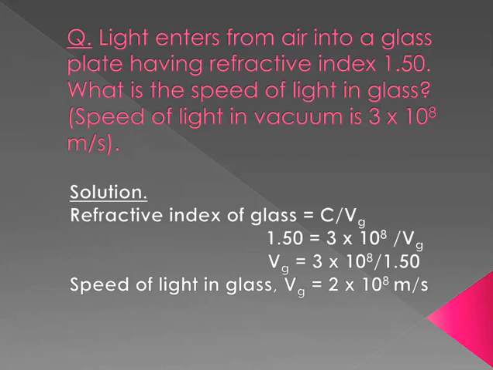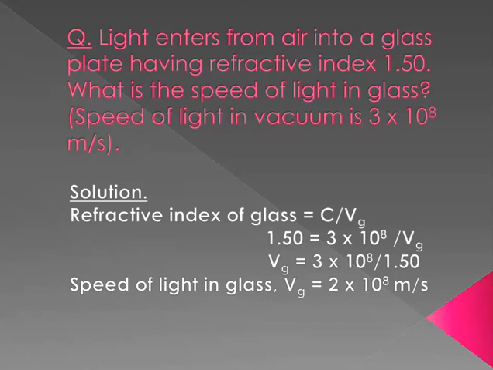This question is given in the NCERT book. How would you solve this? In this question, it is given that refractive index of glass is 1.50, and speed of light in vacuum, that is air or free space, is 3 into 10 to the power 8 meter per second.